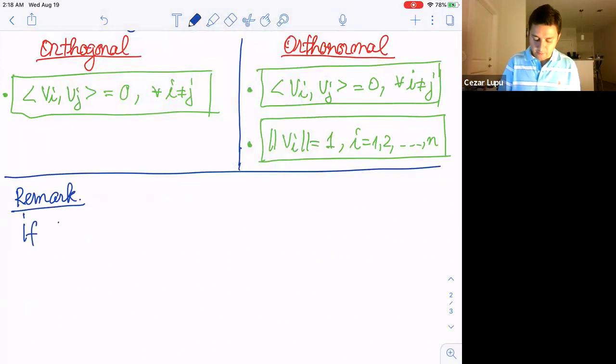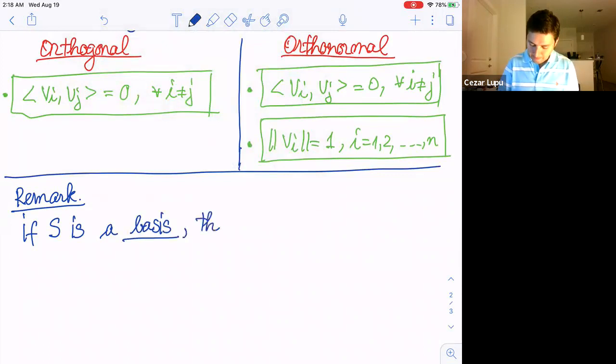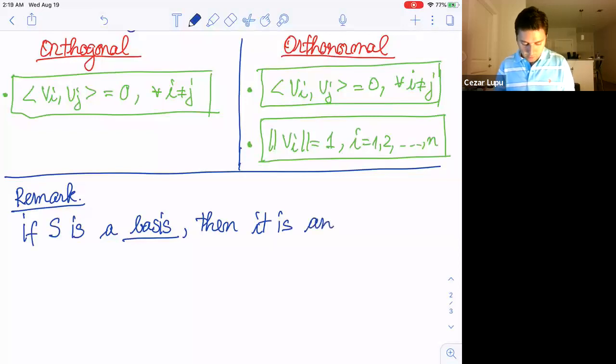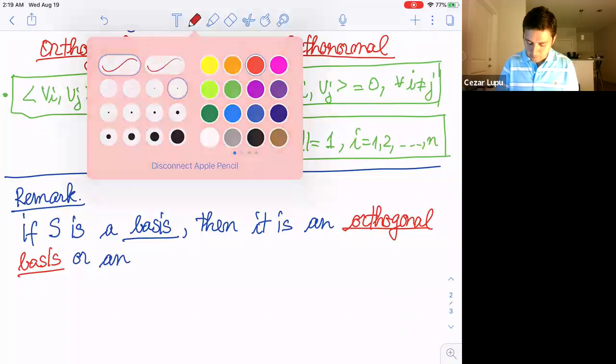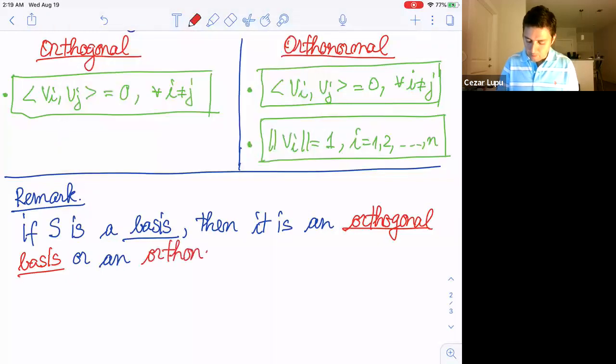If this set S is a basis, then it is an orthogonal basis or an orthonormal basis, right?